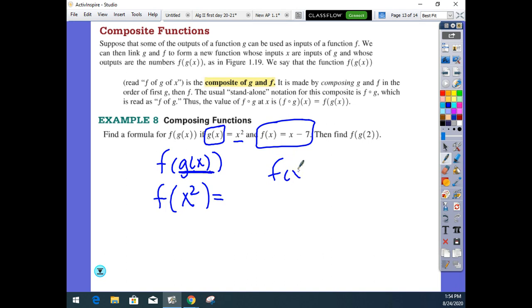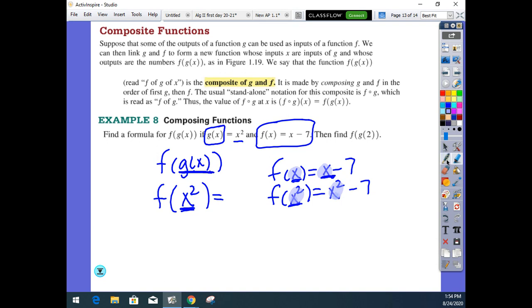If f of x, notice when this is just x, equals x minus 7, what does f of x squared equal? See how, here I'm going to put this part right here. Whatever is on the left side of the equal sign replaces what's on the right side. So if this is x, the right side is x. If the left side is x squared, the right side is x squared. The left has to match the right.